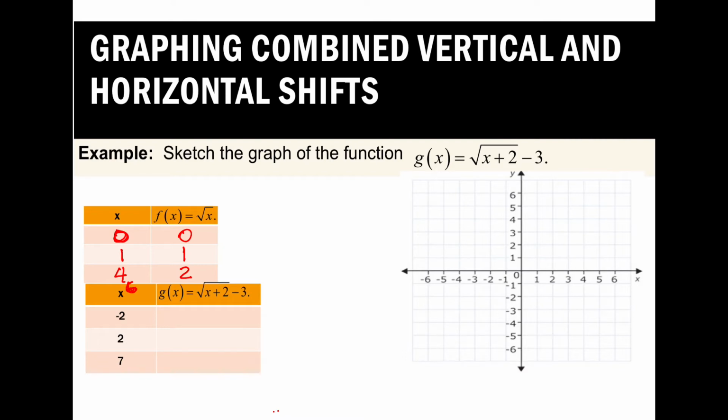What is the square root of 6? Well, the square root of 6 is a decimal, so we're just going to approximate it a little bit. And we see that it's about 2.5 approximately. I'm going to use these to plot this out. This gives us enough to go with here. We see 0, 0, 1, 1, and then 4, 2, and then 6, 2.5.